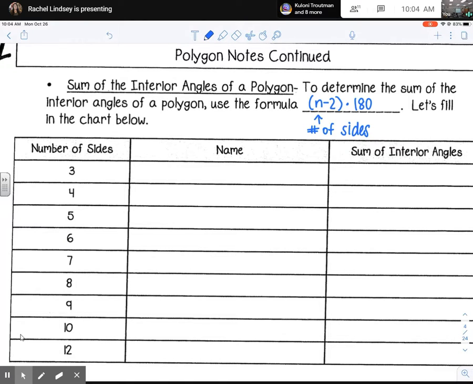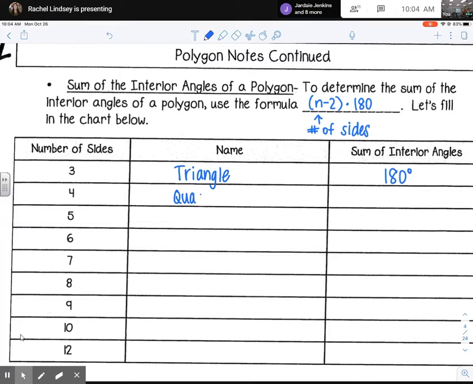Okay, so what is a three-sided shape called? Triangle. And what's the sum of the interior angles of a triangle always? 180. So if we plugged in the formula, 3 minus 2 is 1, 1 times 180 is 180. Okay, what is the name of all four-sided shapes?